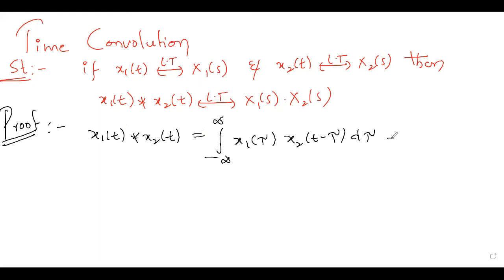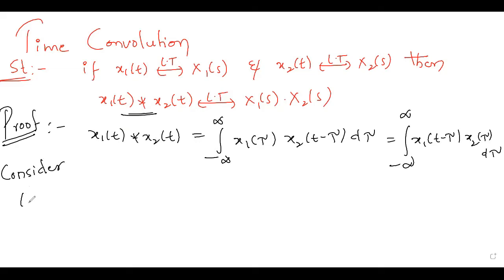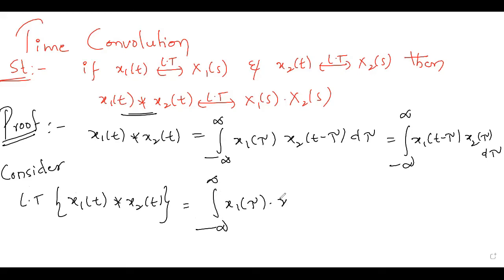Otherwise, the same formula can also be written with the first signal shifted: x1 of t minus tau into x2 of tau d tau. Now consider the Laplace transform of this left hand side, the Laplace transform of x1 of t convolution x2 of t. What is the formula we have? Minus infinity to infinity x1 of tau into x2 of t minus tau d tau, isn't it? This is the definition of convolution.